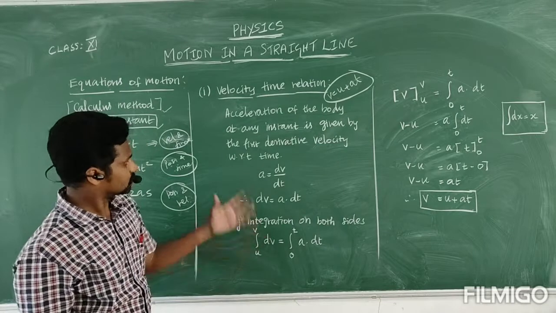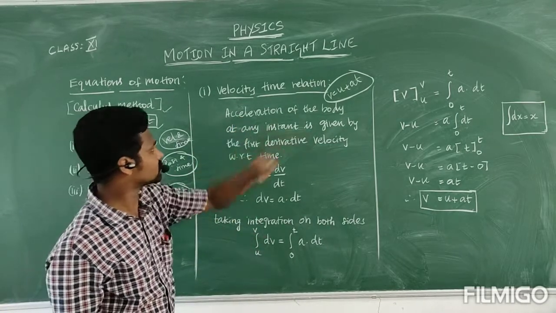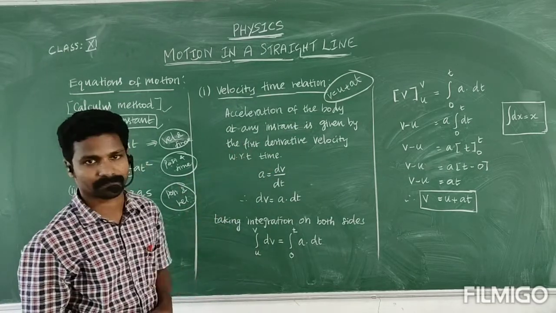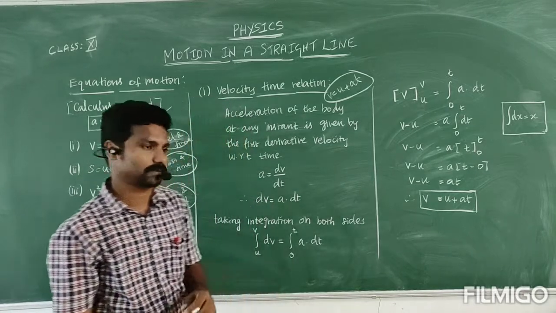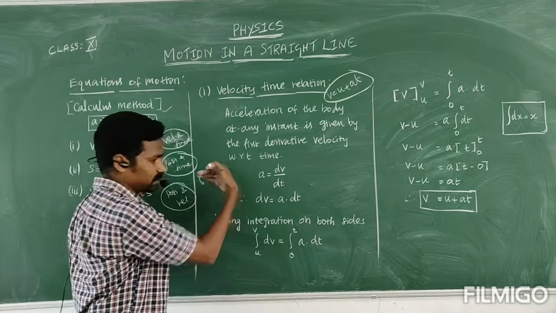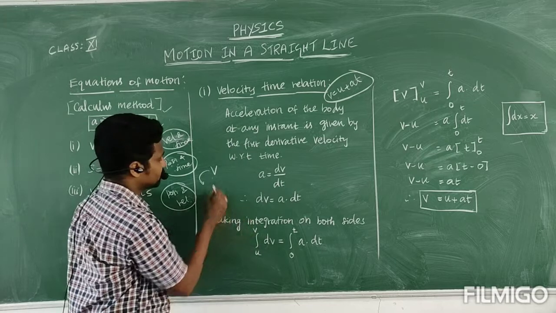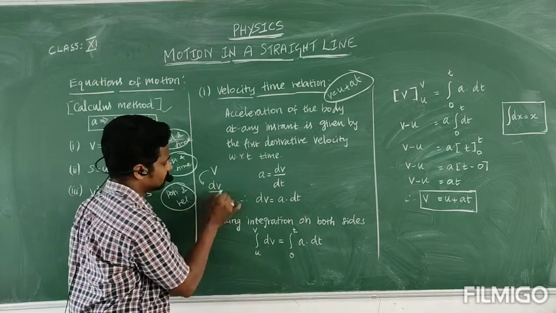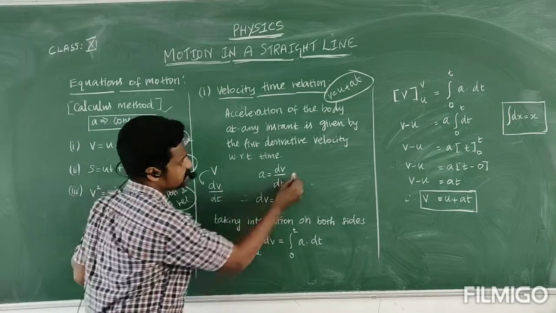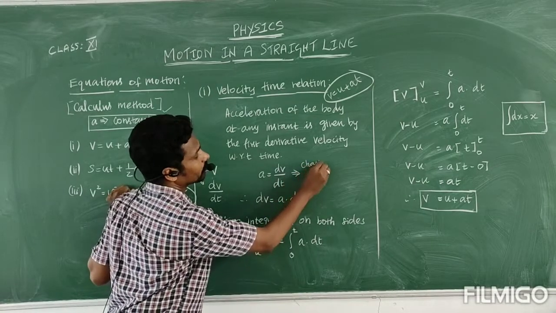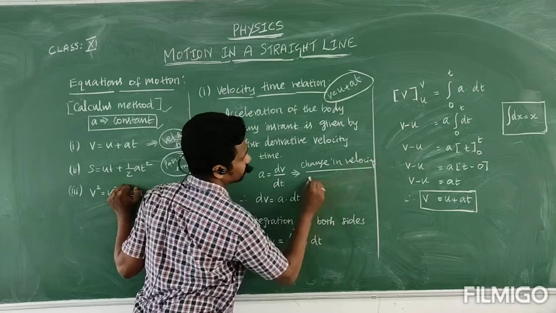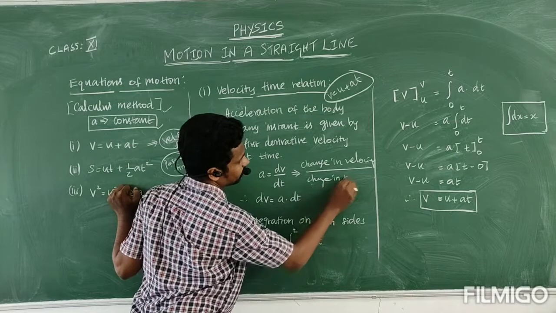Just observe that the acceleration of the body at any instant is given by the first derivative of velocity with respect to time. First derivative means we have to differentiate, that is, change in velocity with respect to change in time.